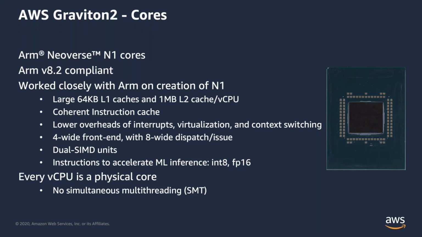And working together with Amazon's knowledge of data center workloads, plus ARM's knowledge of designing a fast chip, we ended up with a design with a large amount of cache, 64 kilobytes of L1 cache and 1 megabyte of L2 cache per vCPU, a coherent instruction cache, which is unusual in the ARM architecture, and a mechanism to ensure lower overheads for interrupts, for virtualization and context switching, all of which are super useful in a server context.